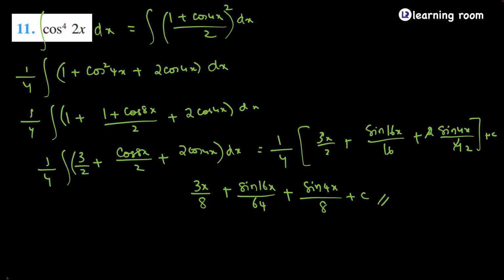No. The sin 8x for, yeah. So correction here. So it will be sin 8x divided by 16 plus sin 4x by 2. So when you combine this, you're going to get the final answer as 3x by 8 plus sin 8x by 64 plus sin 4x by 8 plus c.